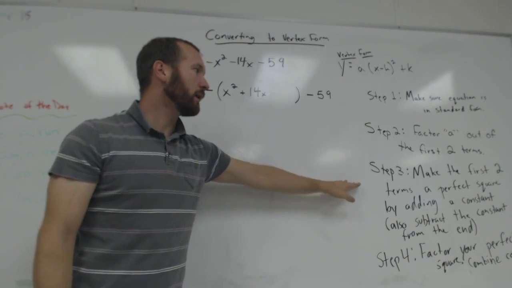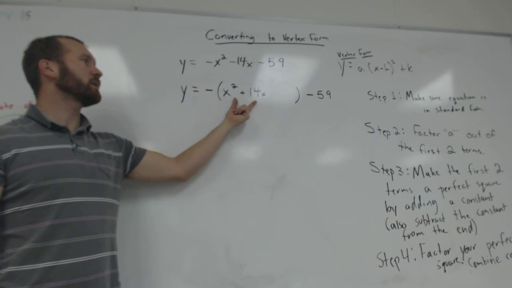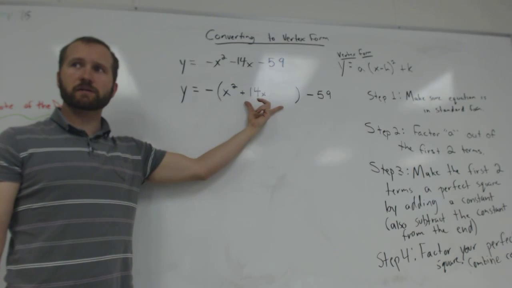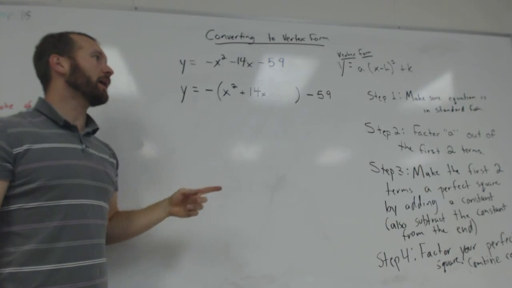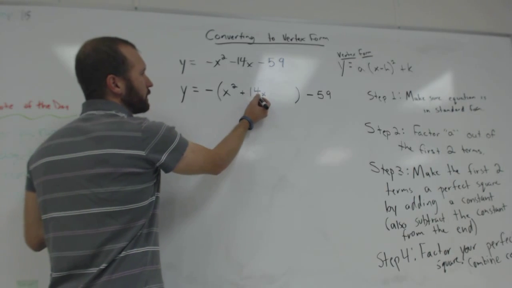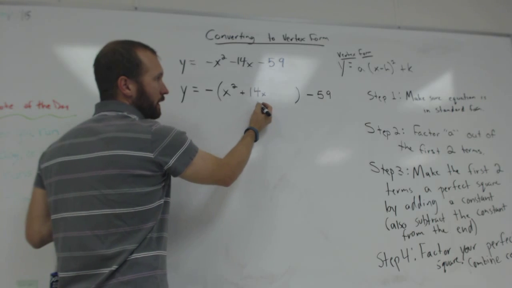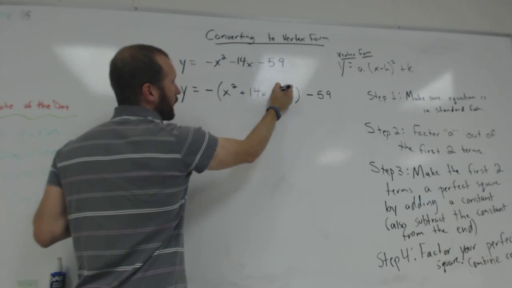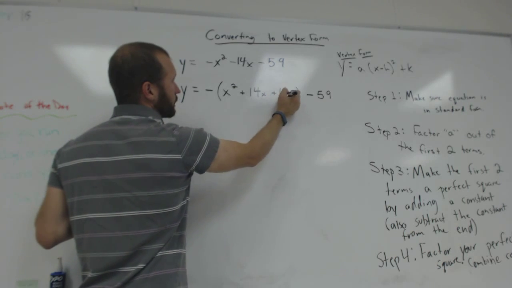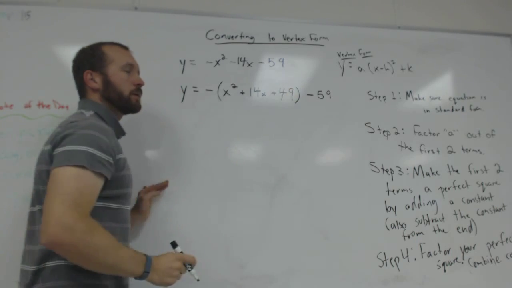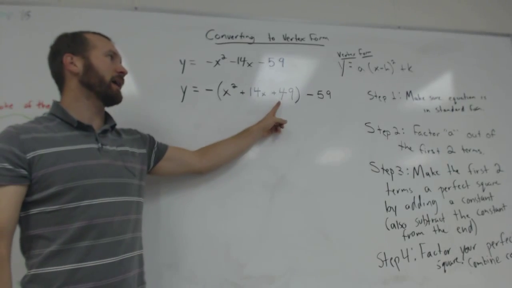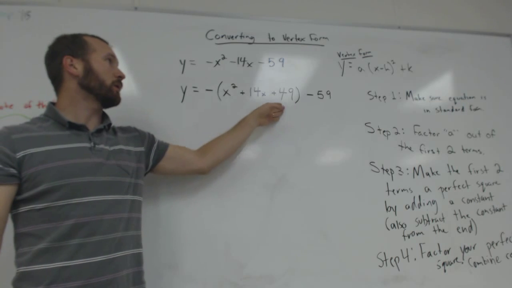Step 3, I'm going to make these terms into 3 terms that are a perfect square. So I have to add half of 14 is 7, squared is 49. What did I actually just add to this whole equation?